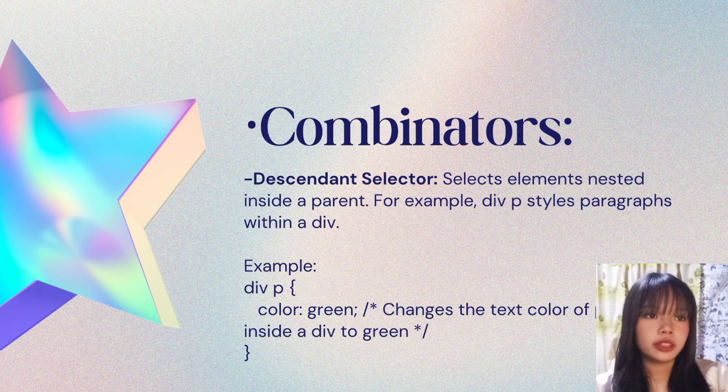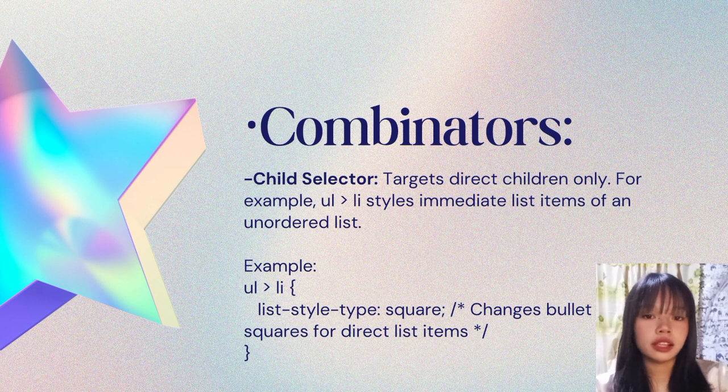Then we have the combinators, which have two types. The first is the descendant selector, which selects elements listed inside a parent. For example, div p styles paragraphs within a div, such as color green. Next is the child selector, which targets direct children only.